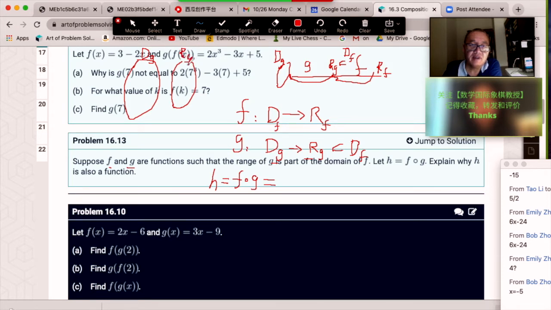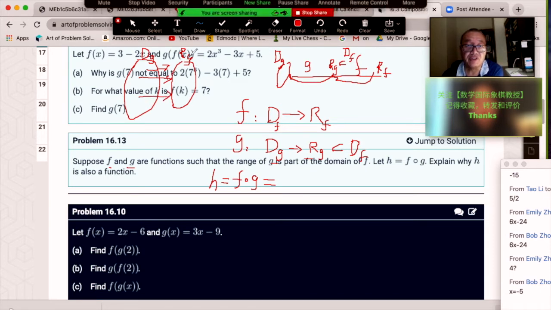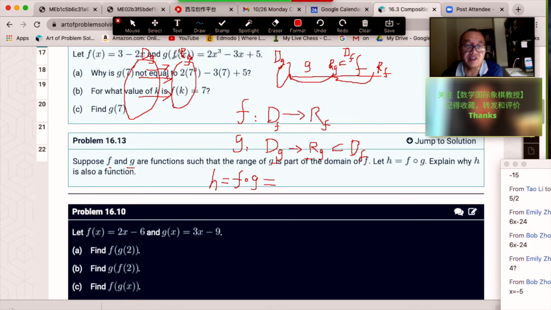You can think of this like a machine. A function, that's a machine, right? You go from Dg to Rg. Then Rg belongs to the Df. Then Df, that's projected to Rf, to the range of f.